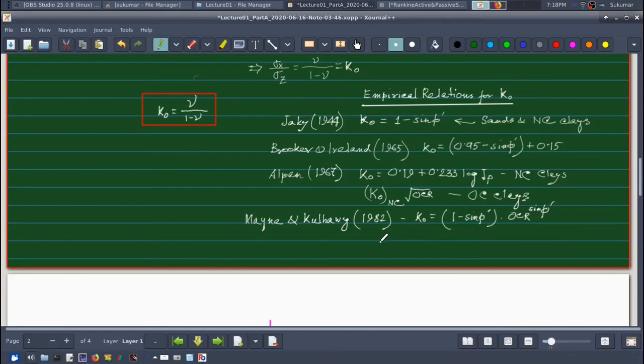Okay, so these are some empirical relations given by different authors.